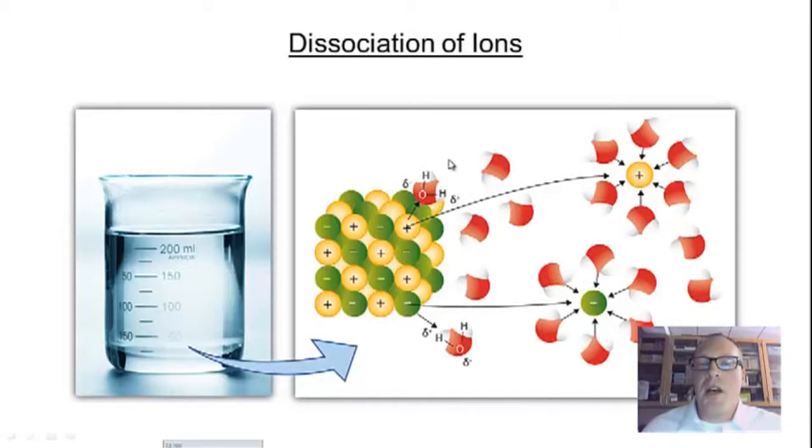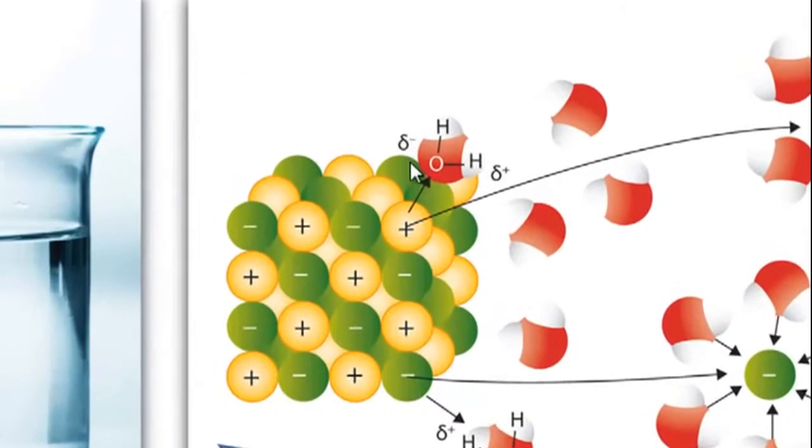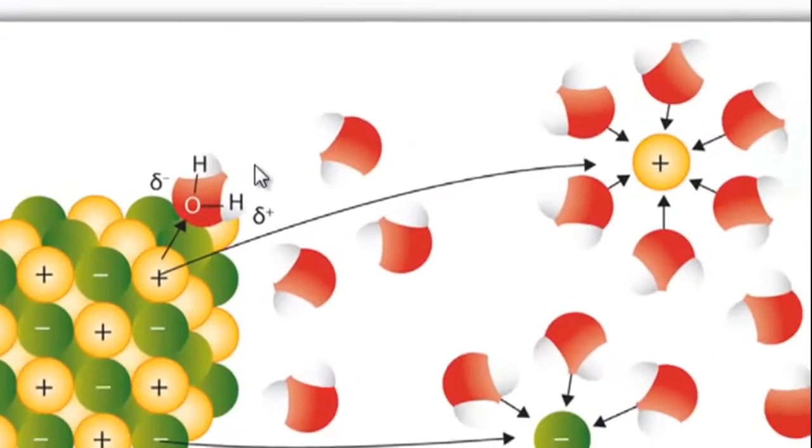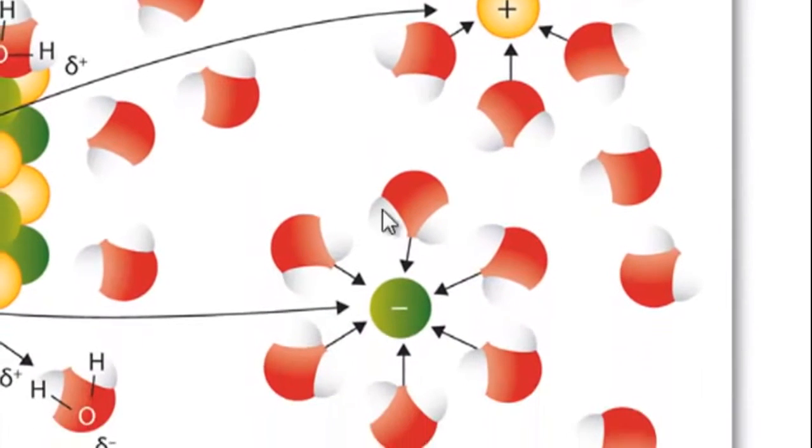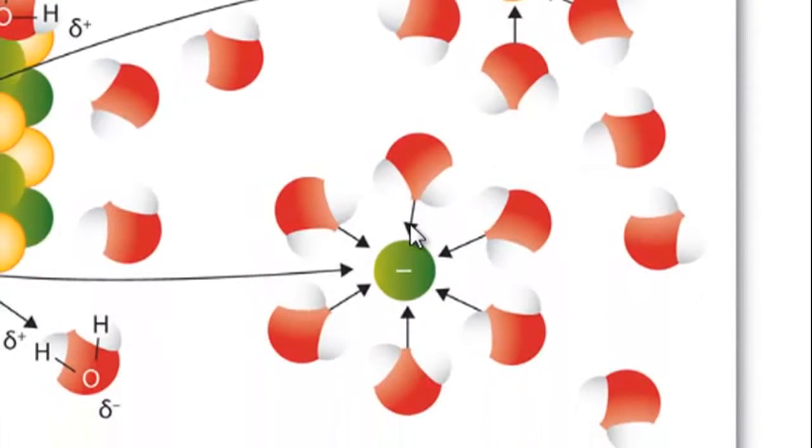Because of water's polarity, that is its negative side and its positive side, which are respectively the oxygen and the hydrogen sides of the molecule, water molecules can shroud ions so that they can no longer find one another and bond ionically. You can see here that the oxygen side of water molecules are oriented toward and shrouding a positive ion. And over here, the hydrogen, the slightly positive side of water molecules, are shrouding a negative ion.